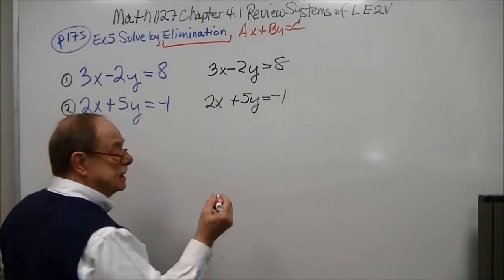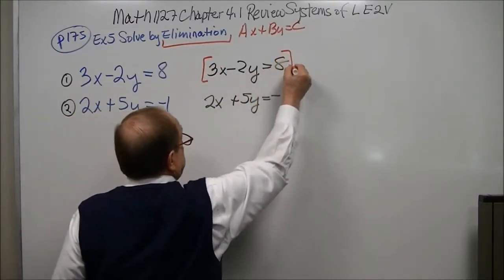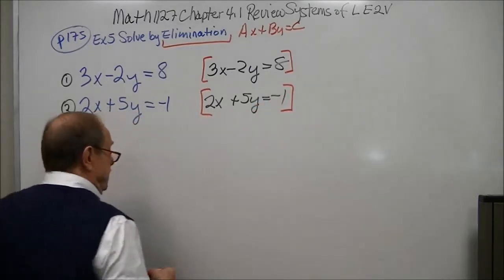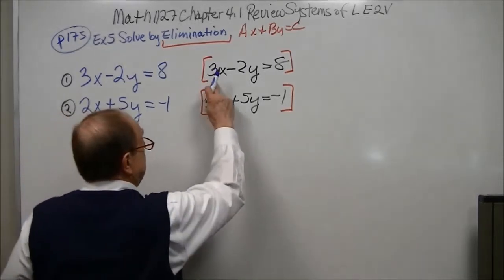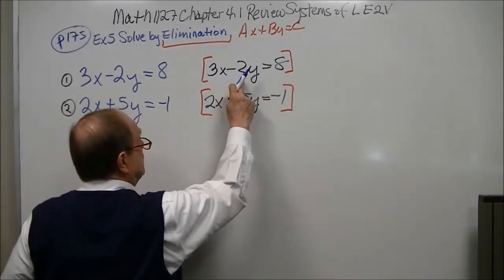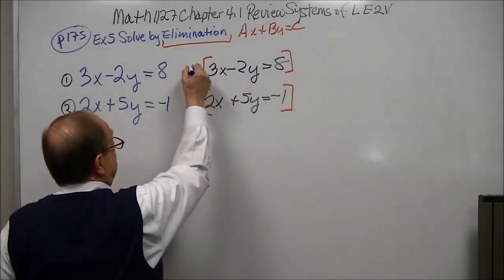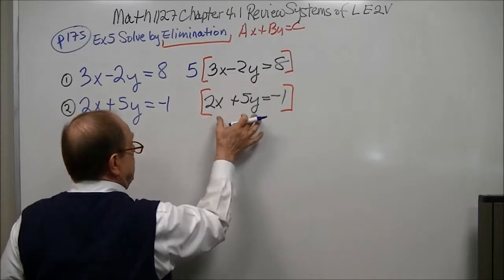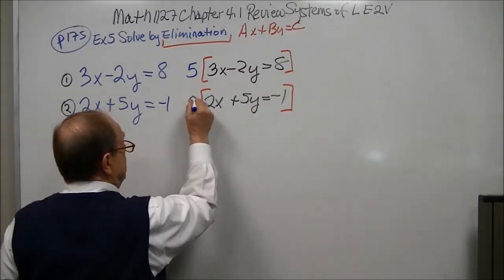I'm going to show you the technique of how to do it. I like a little bracket around there. And in this case, I'm going to multiply this equation, every term, because I want to make this a 10, by a 5. And then this equation, I'm going to multiply every term by a 2.